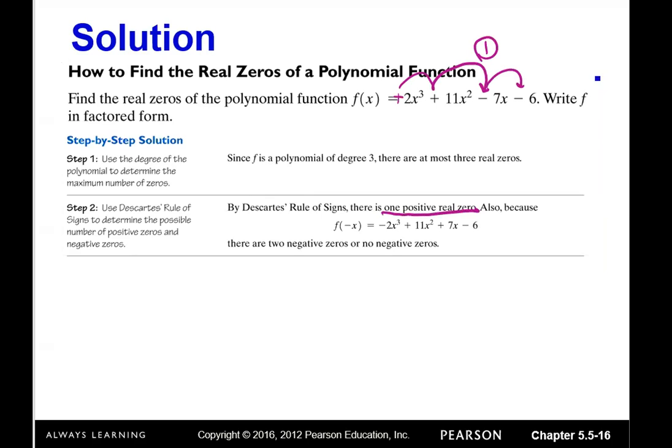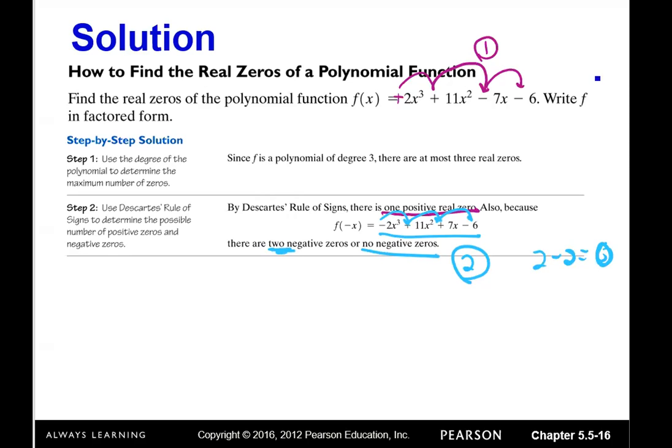And then when they plugged in negative x, they got this, and it goes from negative to positive, stays positive, and positive to negative. There were two, right? Or sorry, 2 minus 2 would be 0 for no negative zeros.